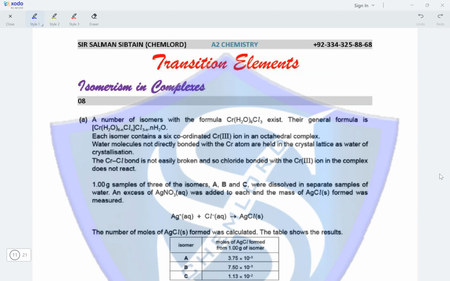And C has a value of 1.13 times 10 to the power minus 2. So if we equate these, the ratio of A to B is 1 to 2, and the ratio of A to C is 1 to 3. A being 1, B being 2, C being 3 in the ratios.